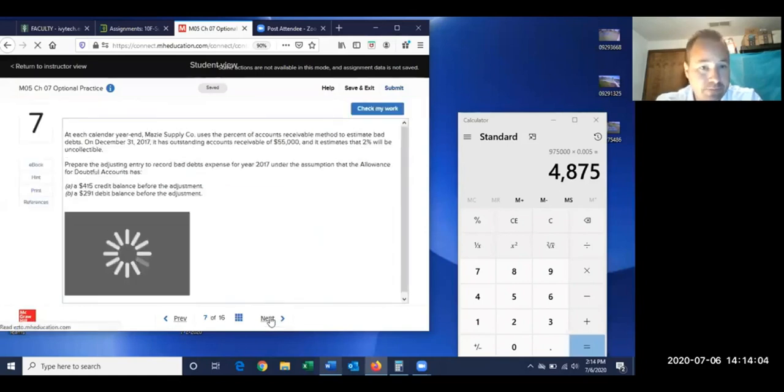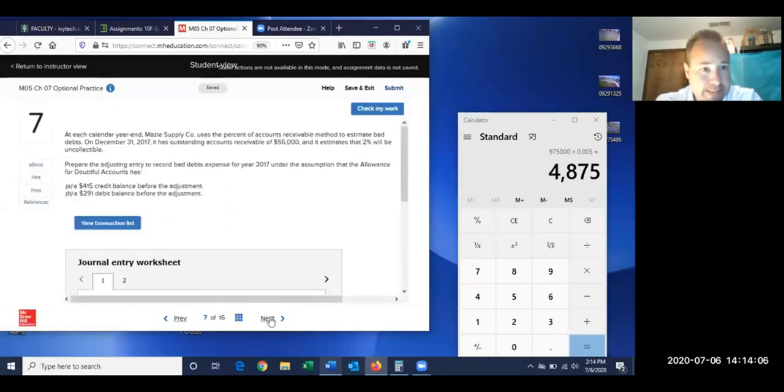Now number 7 is kind of working our way up to the aging of accounts receivable. They have to give us these, because when we're doing the aging of accounts receivable, we have to know the beginning balance where we started, then figure out where we're at the end, and then the middle, how we got there, is going to be our journal entry.